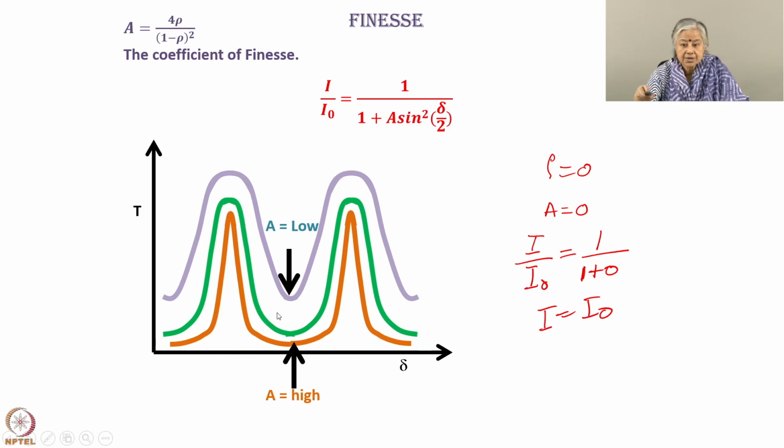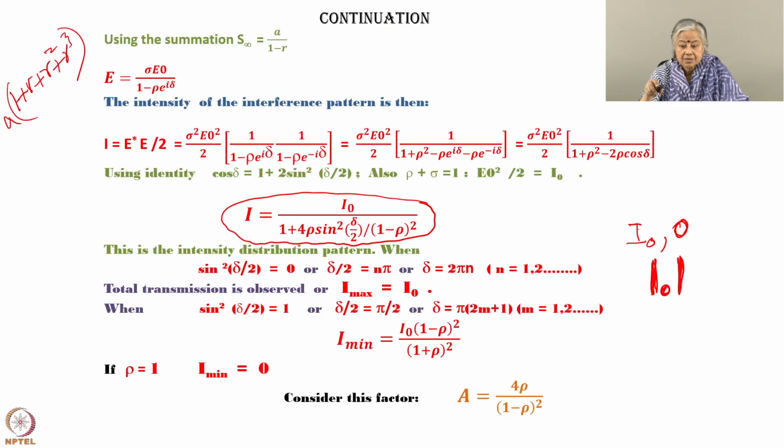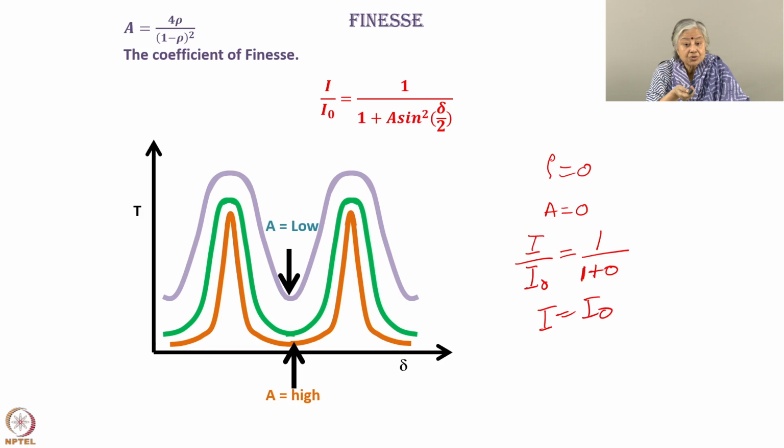Okay, let us see what that delta is. At a certain value of delta, say it was this maximum, I is equal to I0. It corresponded to a delta of 2 pi n. That was the delta part. Now, I am talking about the finesse part.